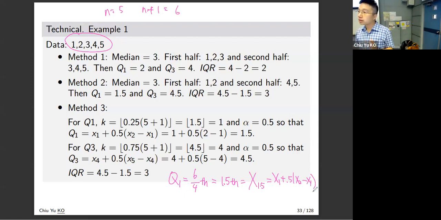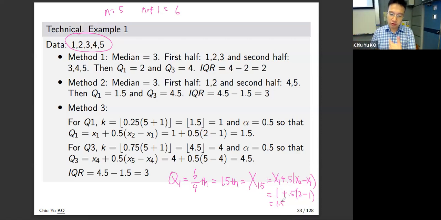Is that clear? So x1 in our example is just 1, and 0.5 is exactly, x2 is just 2 minus 1. So it's just 1.5 here. Is that clear what we're doing? Don't worry, I'll give you more examples, then it will be less intimidating.